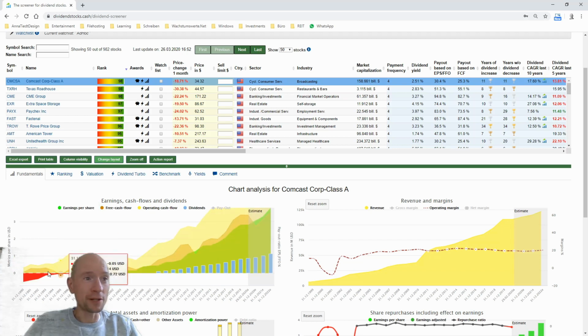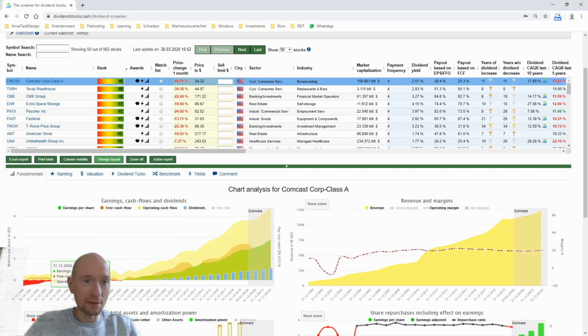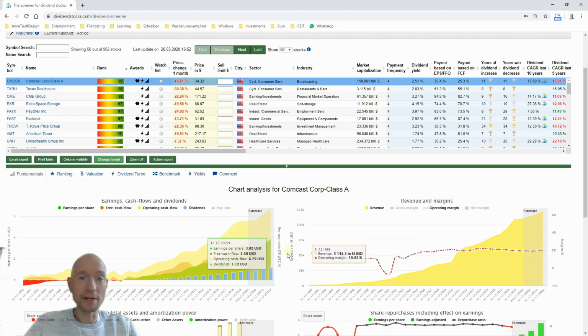We have metrics for a very long time, starting from 1990 in this case, and since 2004, very nice earnings. You also see that the company has increased revenues since 1990, so for 30 years already. And the margins are rather stable, at least since 2004, 2005.